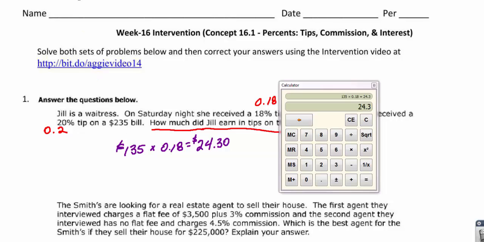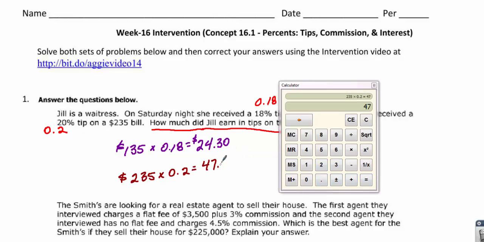That was 135 right there. The second bill was $235, and on that bill she earned 20%. So on a bill of $235, she earned a 20% tip.